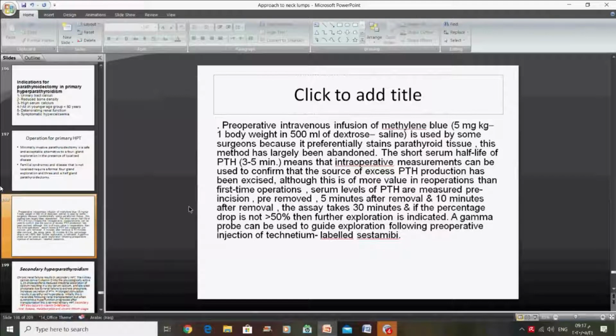The serum levels of parathyroid hormone are measured pre-incision, 5 minutes after removal and 10 minutes after removal. This assay takes 30 minutes. So if the percentage drop is not more than 50%, then further exploration is indicated.